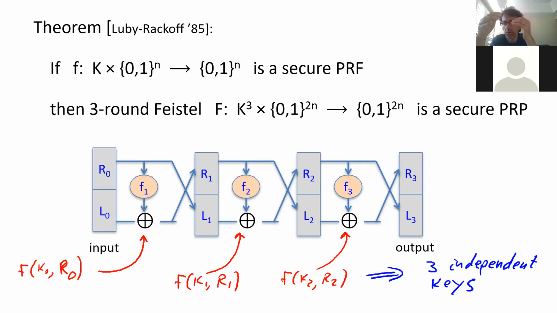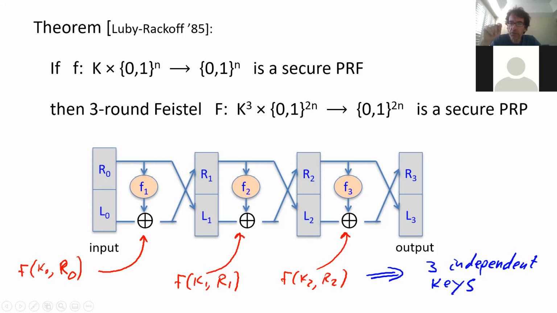But the ability to ask the box to give you both the forward direction computation and the backward computation might be stronger. And if you cannot tell interactions with EK and DK versus a random permutation and its inverse, then EK-DK is called a strong pseudorandom permutation. 3 rounds of Feistel suffice for this to be a PRP.